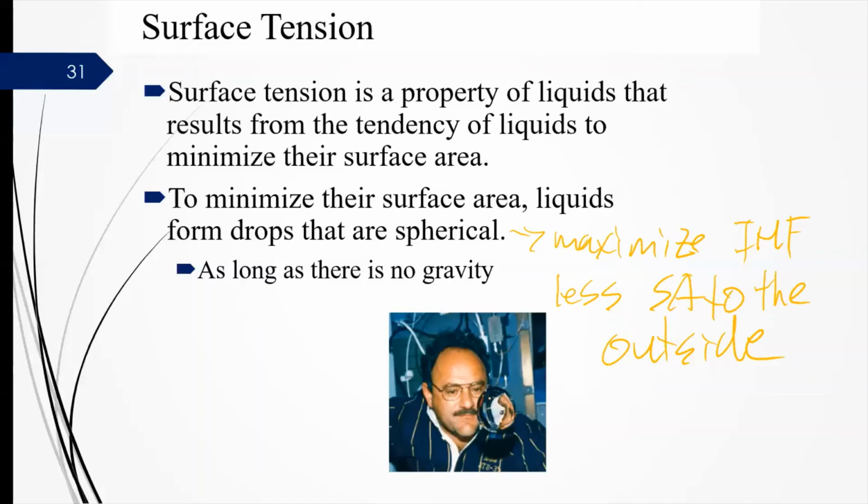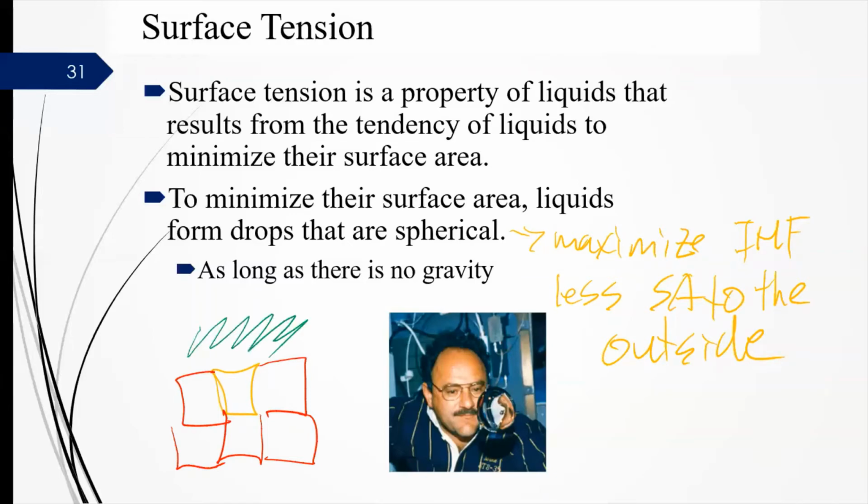If you imagine this is a molecule here, and we build those blocks around it, if it's at the surface, it would only feel these other 5 molecules that can fit. And this whole part up here is exposed to nothing.